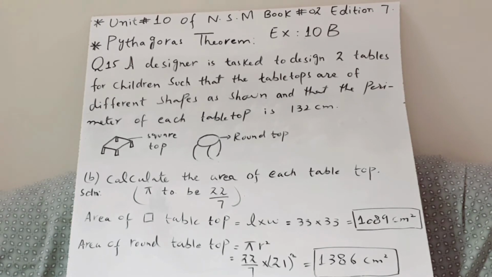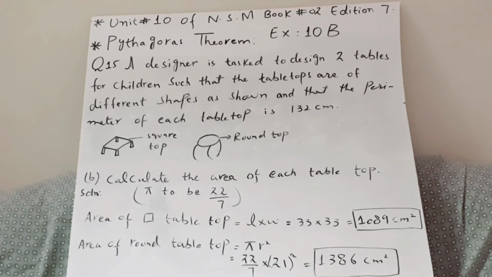Okay, let's find the area of the round tabletop. We can take this as the area of a circle, which is pi r square, where pi is a number and r is the radius of the circle. We put 22/7 in place of pi, and the radius we found in the first part, which is 21, squared.